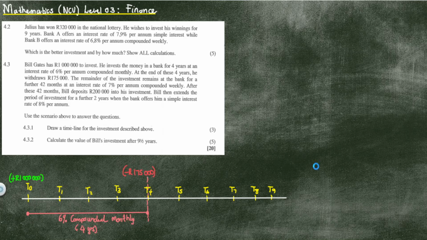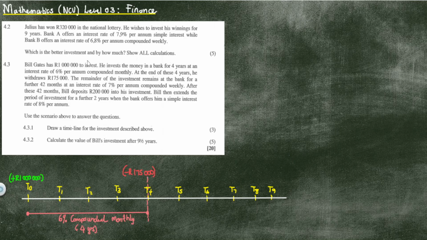Let me write here. 42 months, when divided by 12 months, should give us the number of years. So 42 divided by 12, I'm getting 3.5. So the answer is 3.5. So it translates to 3.5 years.